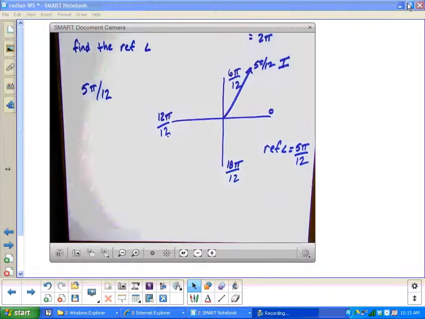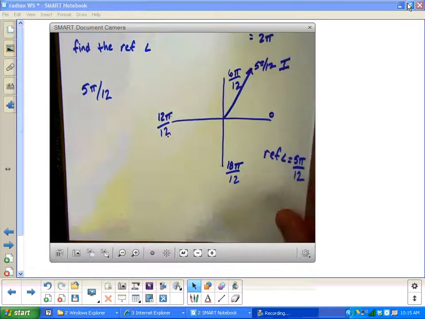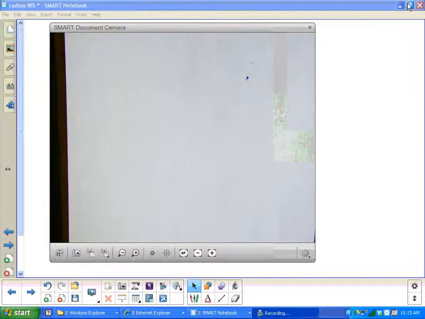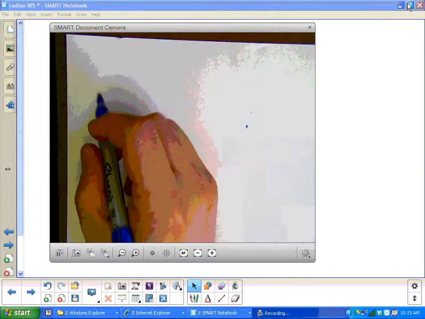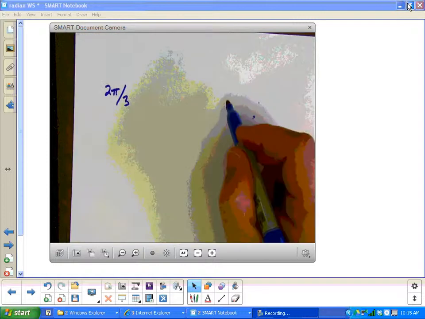All right, so yeah, we're going to do some in the other quadrants now. The next one, let's do 2 pi over 3. See if you can figure out where this one's going to be. Let's draw it over here.